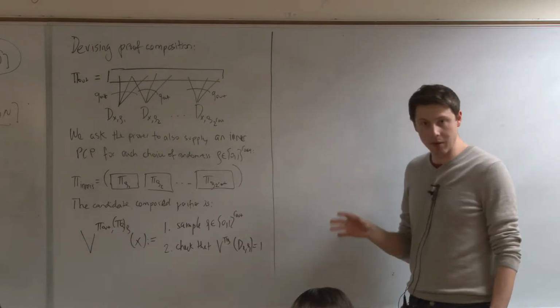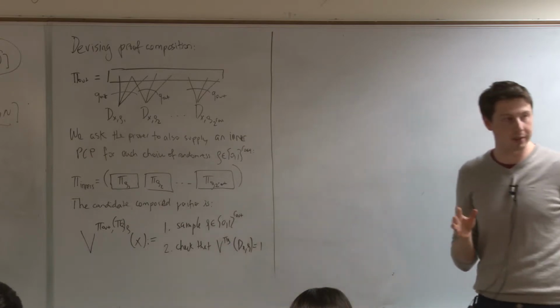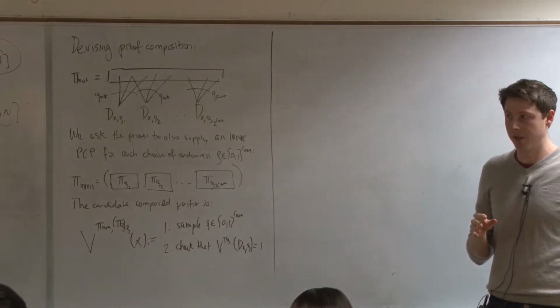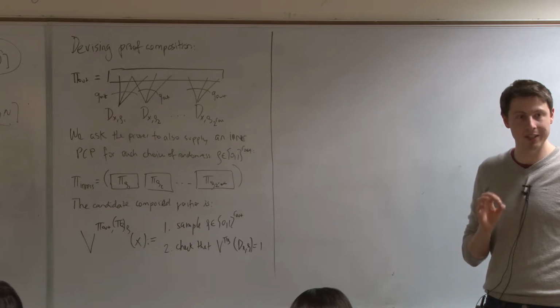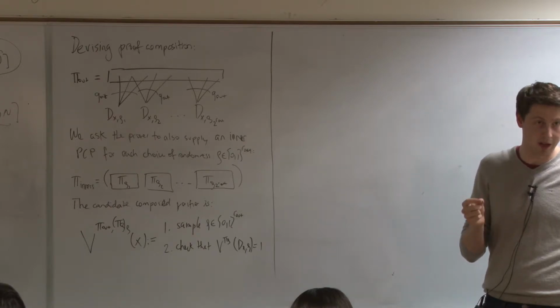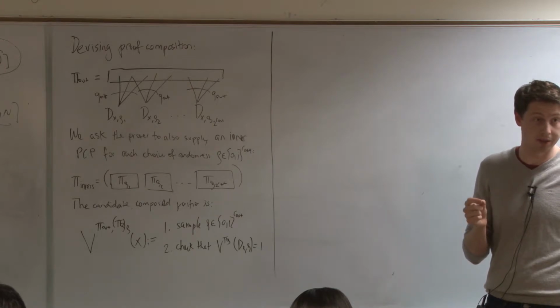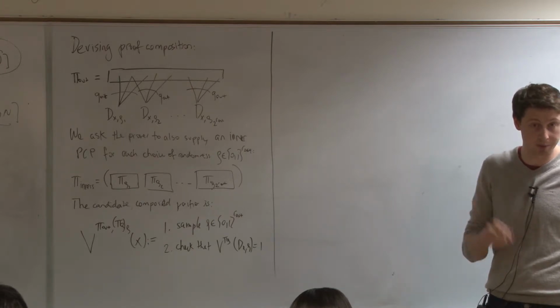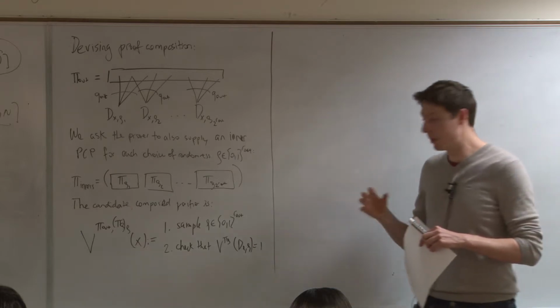So we want to start talking about proximity, because remember, PCPs of proximity are not about being in the relation or not. It's about whether a specific witness is a valid witness or close to a valid witness, right? So that was the notion of PCP of proximity, right? So we want to use proximity.